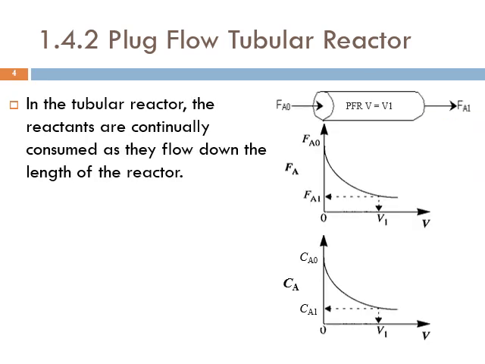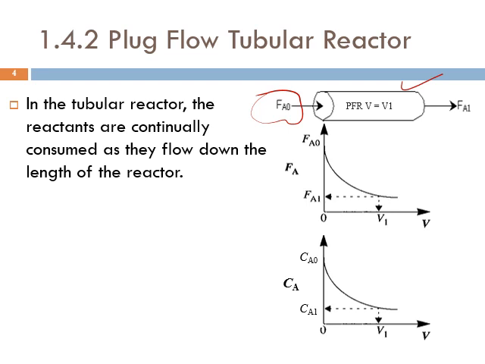In the tubular reactor, the reactants are continually consumed as they flow down the length of the reactor. Here's our plug flow reactor, and we're introducing the feed, reactant A, at a rate of F_A0.